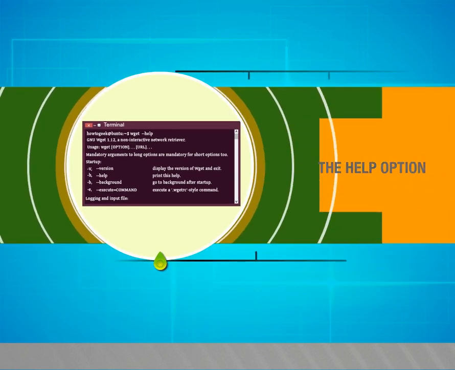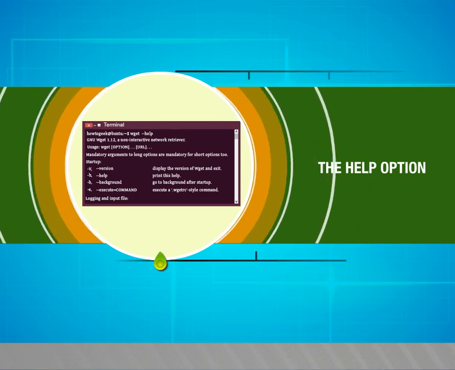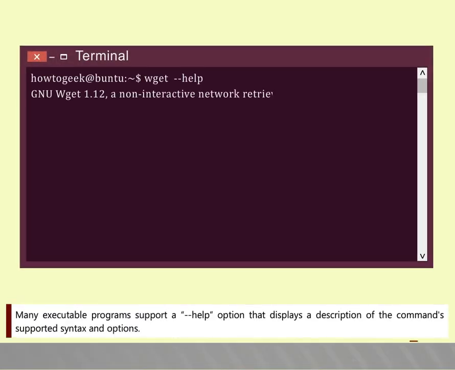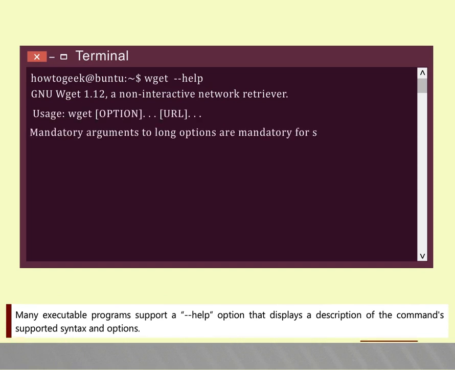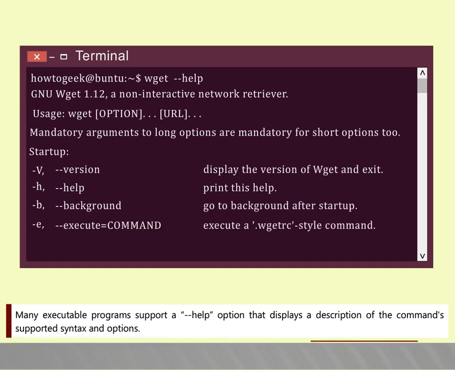The --help option. In this video, we are going to see about the --help option. Many executable programs support a --help option that displays a description of the command's supported syntax and options.